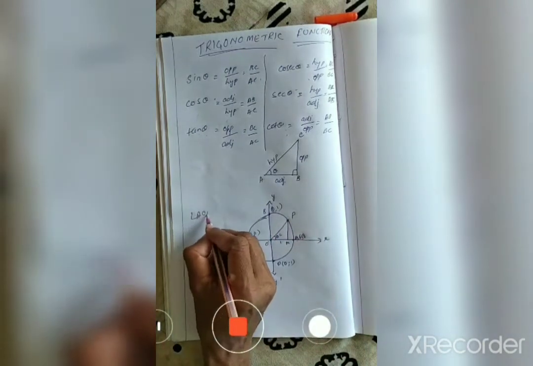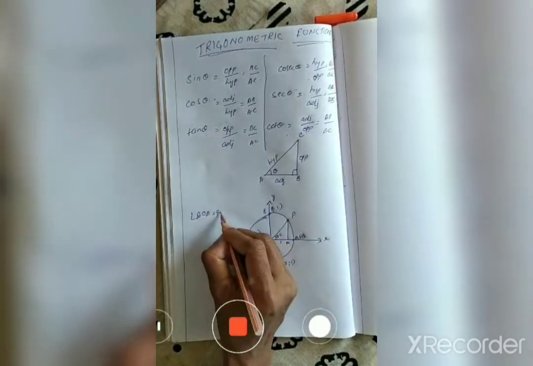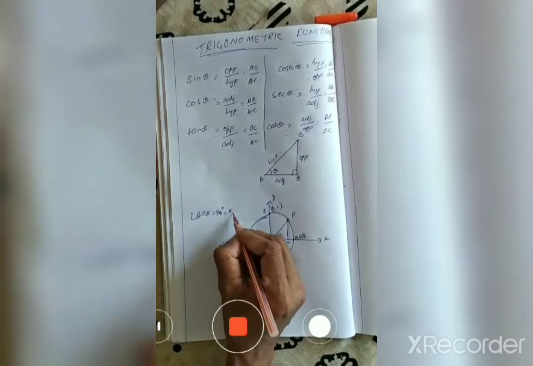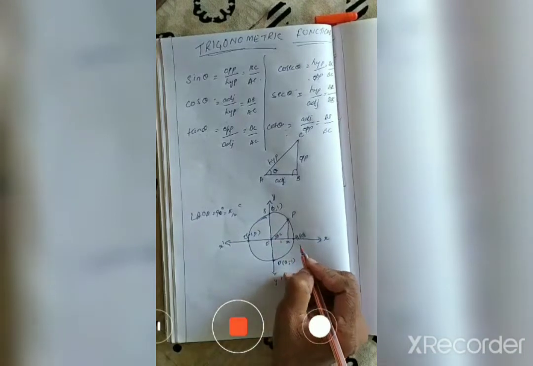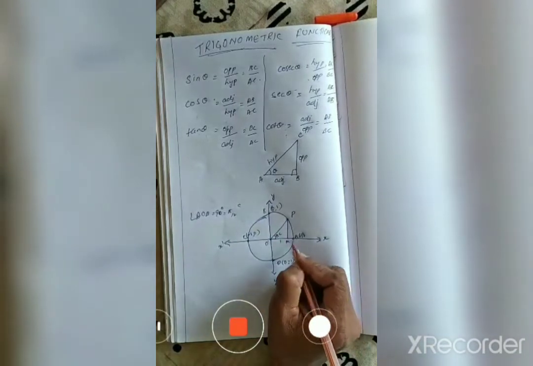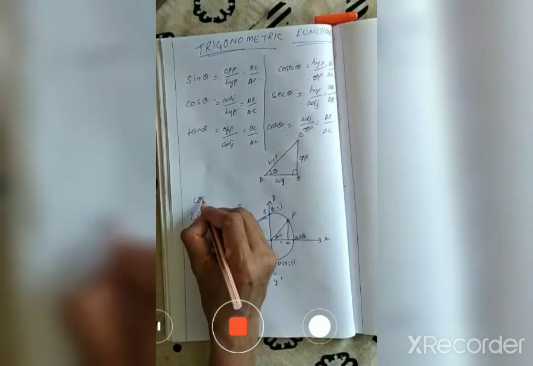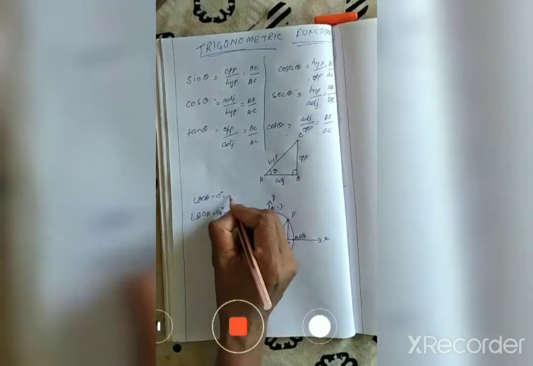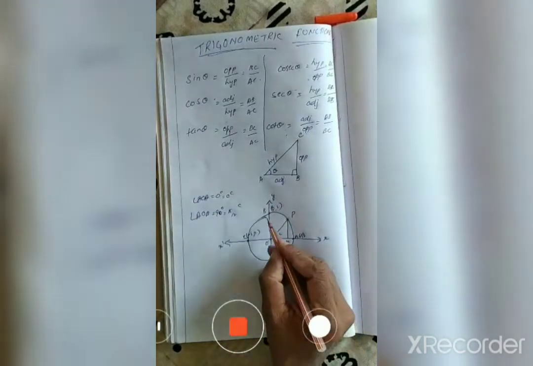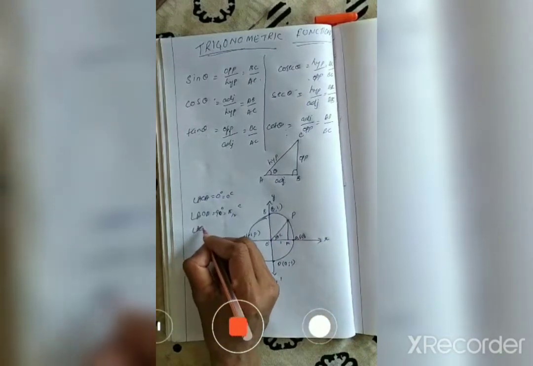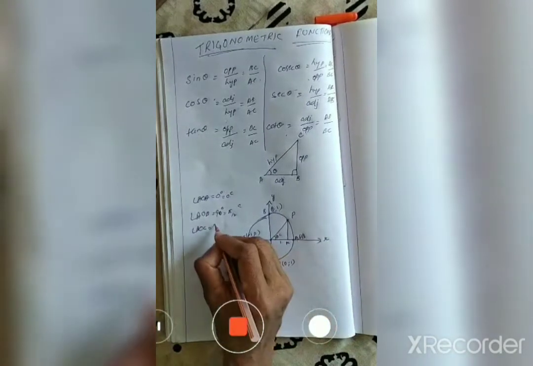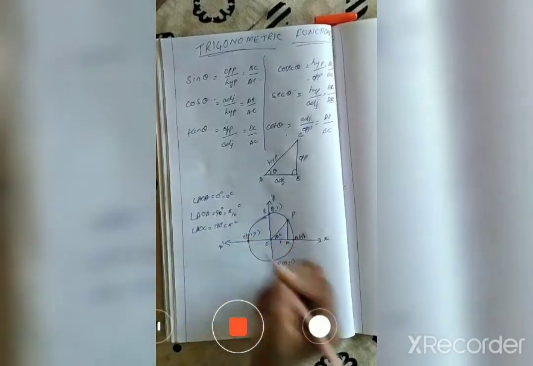Angle AOB is 90 degrees or pi by 2 radians. Angle AOA is 0 degrees as well as 0 radians. Now the angle AOC is 180 degrees or pi radians.